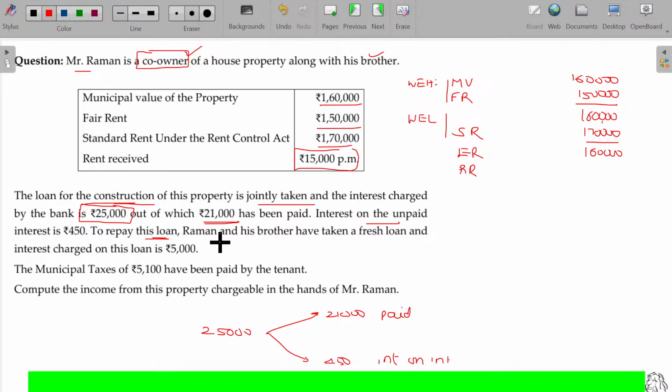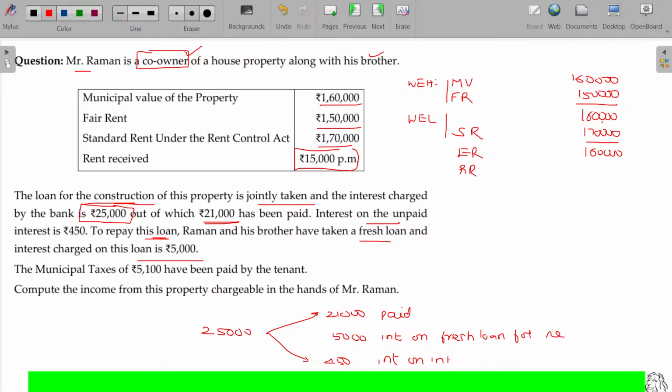To repay this loan, Raman and his brother have taken a fresh loan, and interest charged on this loan being 5,000 rupees. Apart from that, they have paid another 5,000 rupees. Okay, another 5,000 rupees. What about this? This is the interest payable on fresh loan for what?